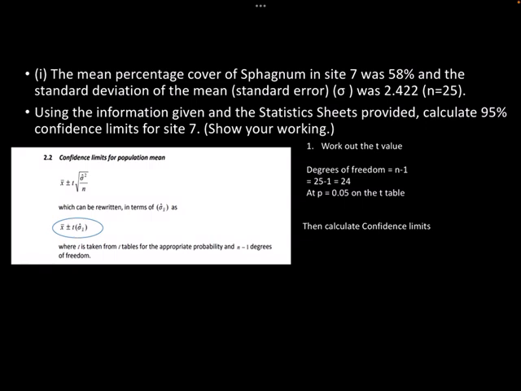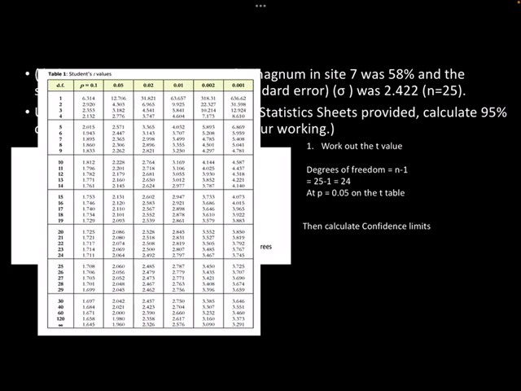We've been told that n is 25, so 25 minus 1 gives us 24. And at p equals 0.05 on our t-table, we can see at 24 degrees of freedom, the reading is 2.064. So that is our t-value.